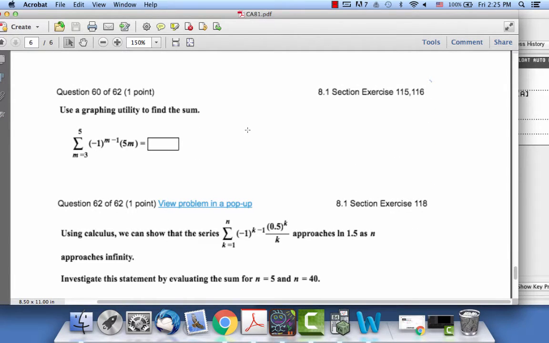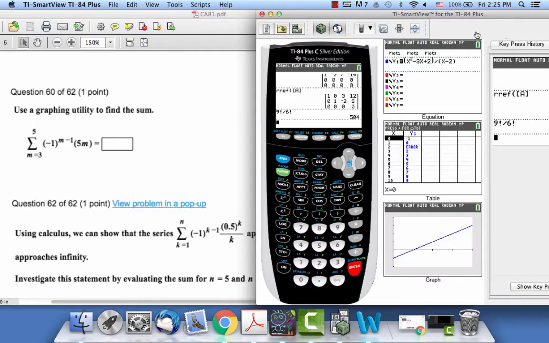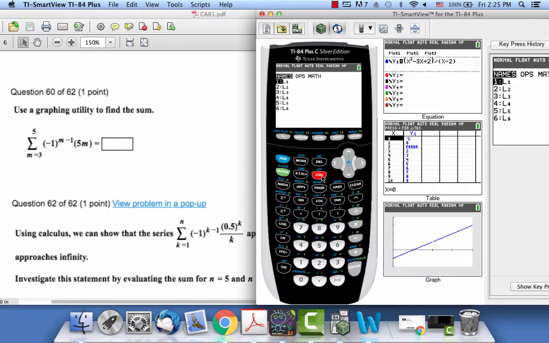Okay, so these are about using the graphing utility to find the sum. So if you go into your calculator and you go to list, then you go to math, and there's sum right there.